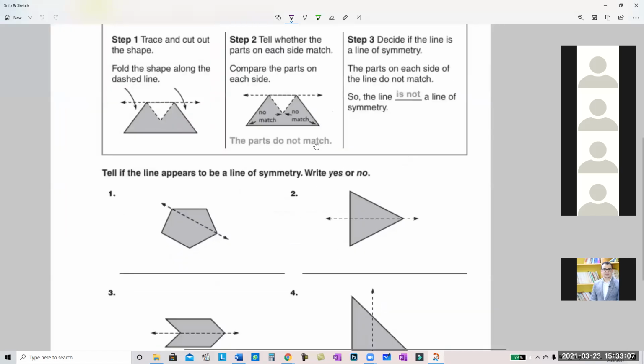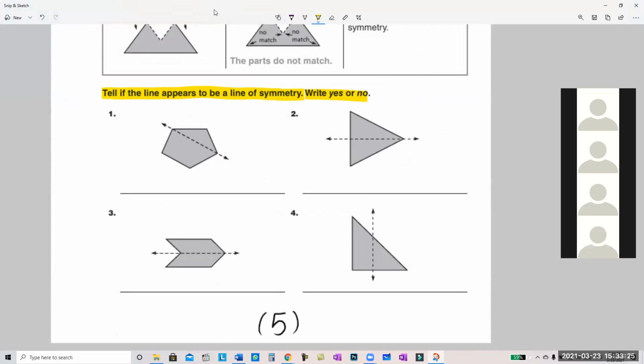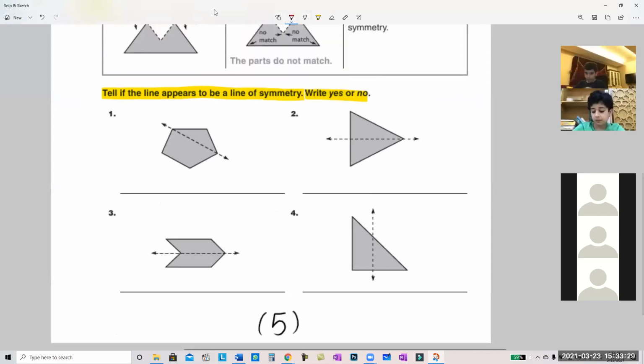Okay, the last lesson here is to tell if the line appears to be a line of symmetry, yes or no. Let me ask Faisal Hamoud. Yes, teacher. What about the first one? Is it a line of symmetry or not? No. Okay, thank you.